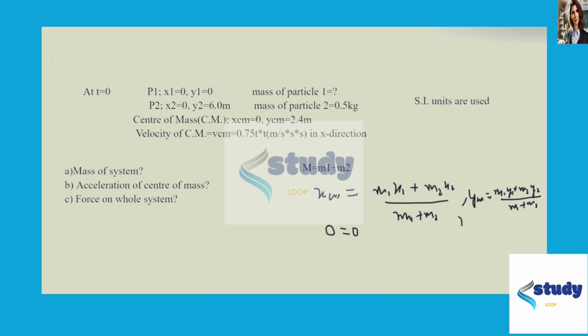So let's put 2.4. This is m1, and y1 equals 0, so this equals 0. We have y2 times m2: the 0.5 kg, and y2 is 6 meter. So this is over m1 plus m2.